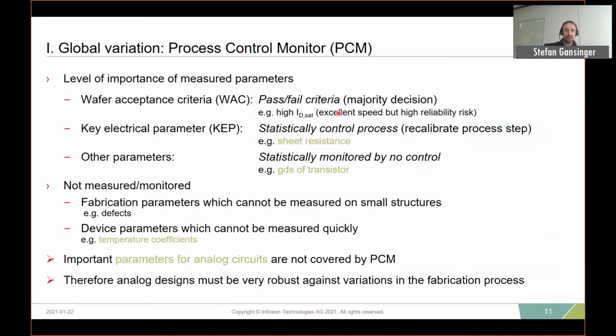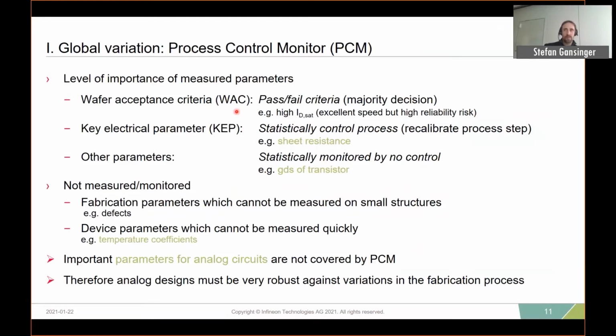We have so-called wafer acceptance criteria, we have key electrical parameters, and we have other parameters. A wafer acceptance criterion means that if a certain PCM parameter is out of spec, and typically this is a majority decision, this means we have more than one PCM structure, and the majority of these PCM structures has to be out of spec, then the wafer is thrown away.